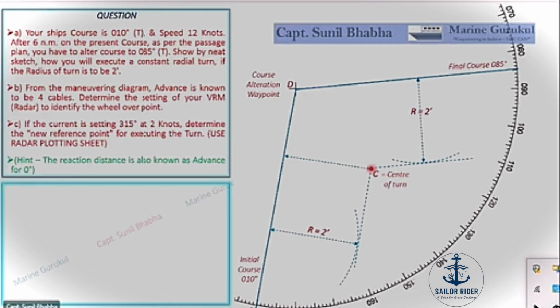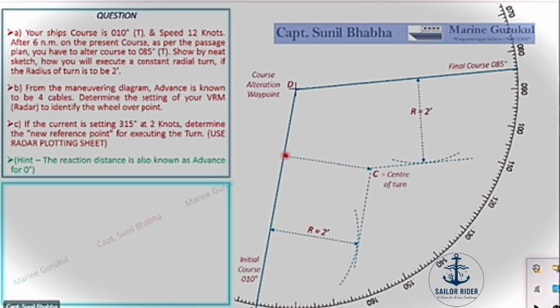Now we are aware that this point C is at a distance of 2 nautical miles from the initial course. You see these are two parallel lines, the initial course as well as the tangential line drawn on the plot. So the distance between them remains constant, which is 2 nautical miles. So point Charlie to my initial course is 2 nautical miles.